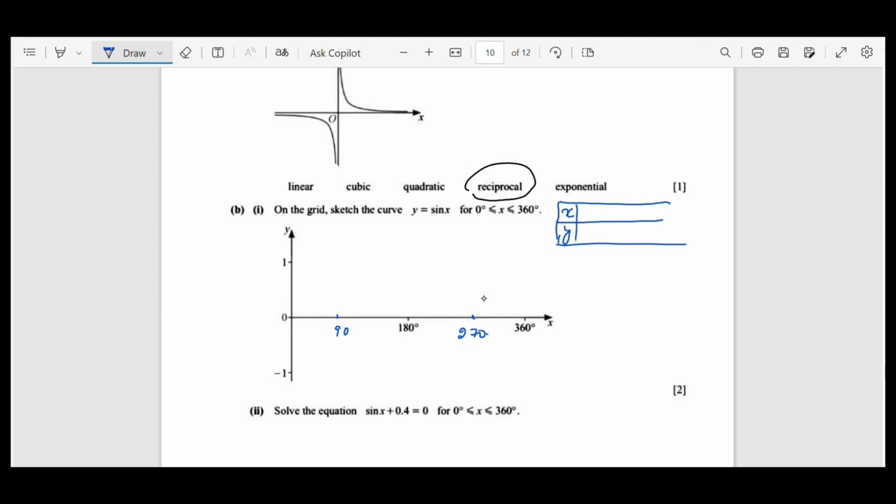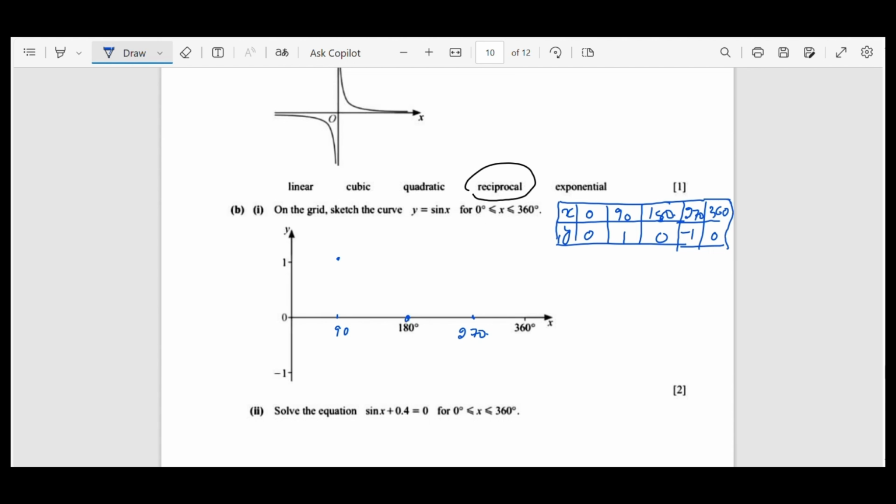When x is 0, sin 0 will be 0. When x is 90 degrees, sin 90 is 1. When 180 degrees, sin 180 is again 0. Sin 270 will be minus 1. And at 360, it is 0. Right? Now we will make the graph for this. At 90, it is 1. Again this.